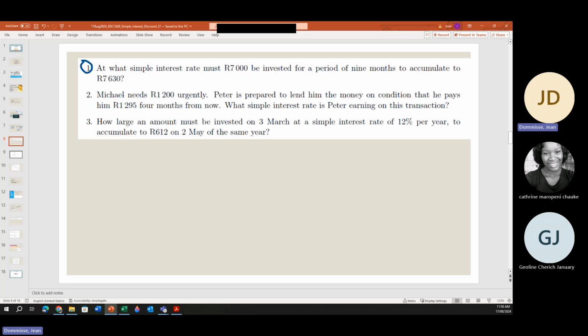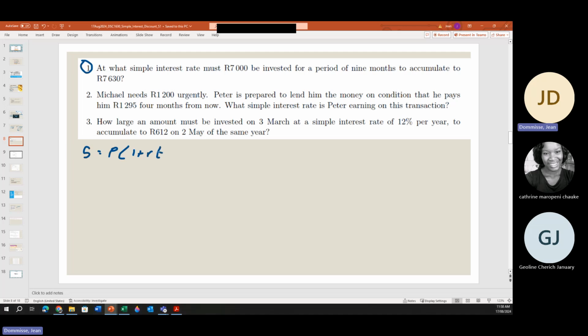Okay, so let's look at this first one, and let's look at what we need to work out and how we will solve it. They ask us, at what simple interest rate must 7,000 be invested for a period of 9 months to accumulate to 7,630. Let's write down that formula.